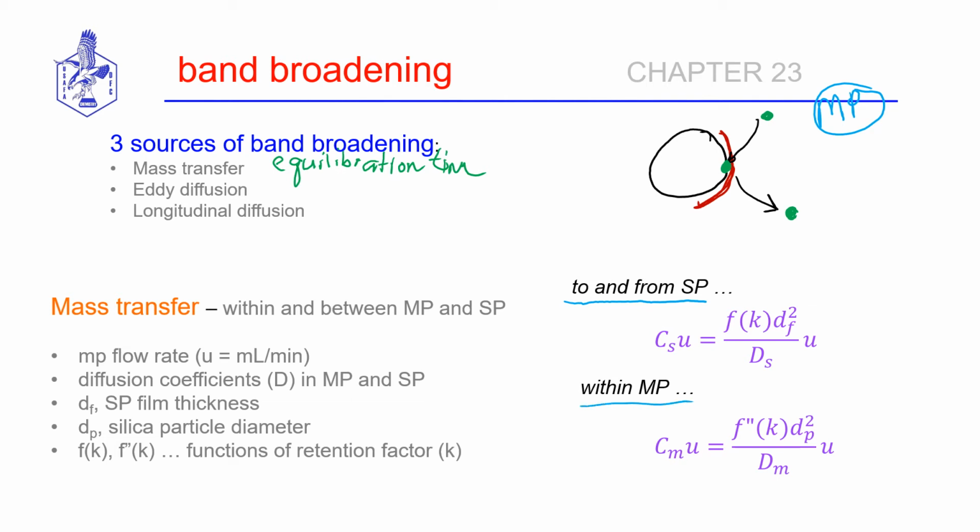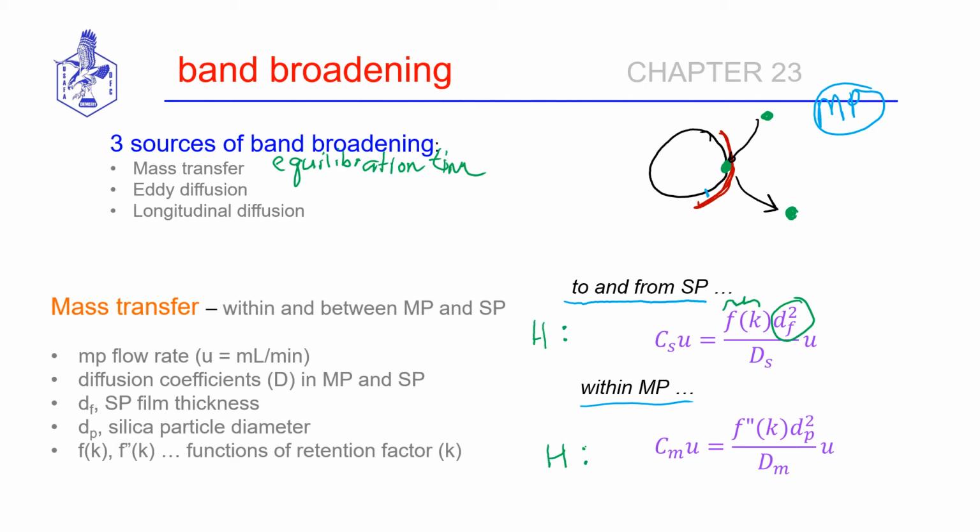So these two equations express the dependence of band broadening, our plate height, coming from mass transfer. The top one deals with the stationary phase and the parameters that we have here. This function of the capacity factor, that is the k value that we learned about before. This term right here, d sub f squared, has to do with the thickness of the stationary phase film on our surface.